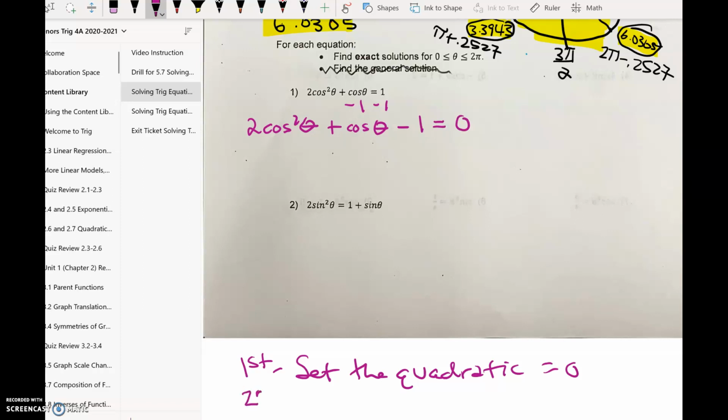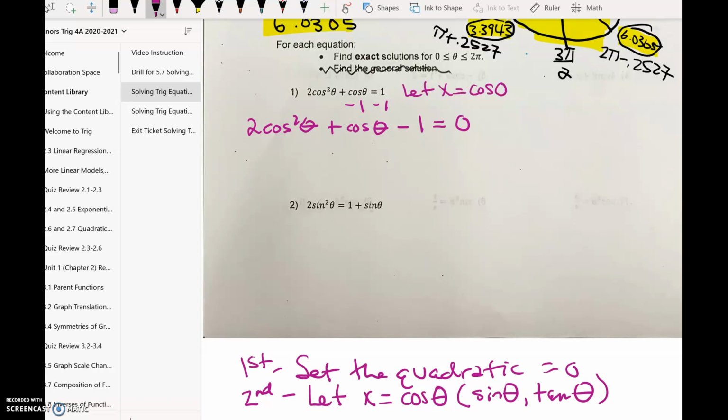Our second step is we are going to let x equal cosine of theta. Now, sometimes it's going to be sine of theta or tangent of theta. For instance, in number 2, it would be sine instead of cosine. It just depends on what's in the original problem.